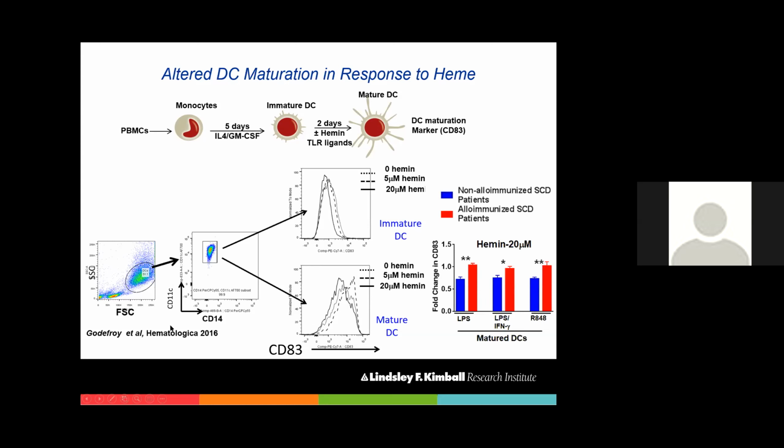Focusing on non-alloimmunized and alloimmunized, the alloimmunized patients don't care whether they're seeing heme, they have enough CD83 expression, they're maturing just fine in the presence of heme. Whereas the non-alloimmunized are saying, calm down, do not get mature, don't get mature. That's it.